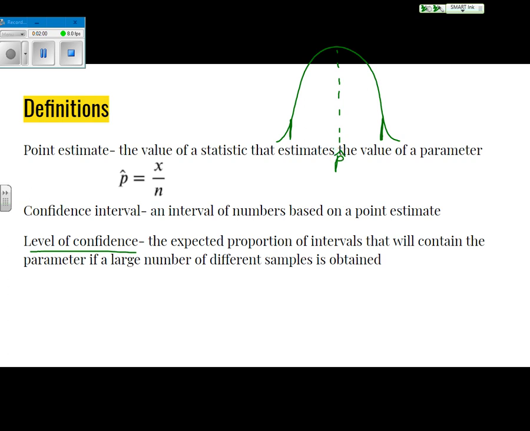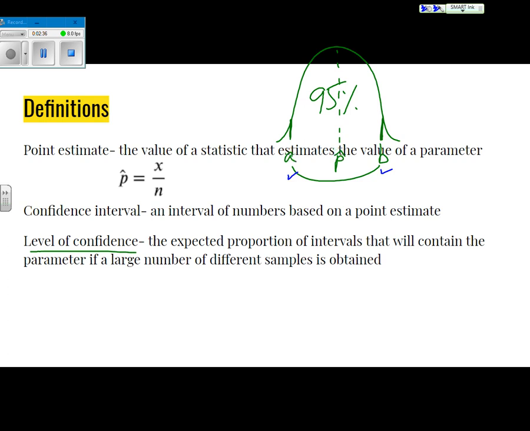I'm going to call them A and B. Between these two numbers, A and B, I want a certain percentage of my samples or even my population to lie. 95 is a pretty big one that we use, so a 95% level of confidence is always good. In this video we'll talk about how to get my hands on these two values, A and B, that will set up a confidence interval, which is going to estimate my population proportion.